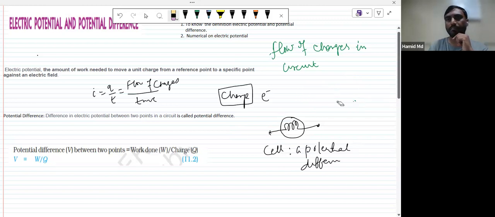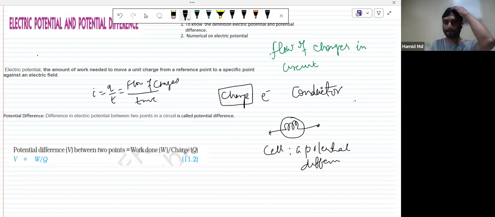Okay, the play of conductor is now in the picture. Jaslyn, what is conductor? What is conductor? Jaslyn, what is conductor?